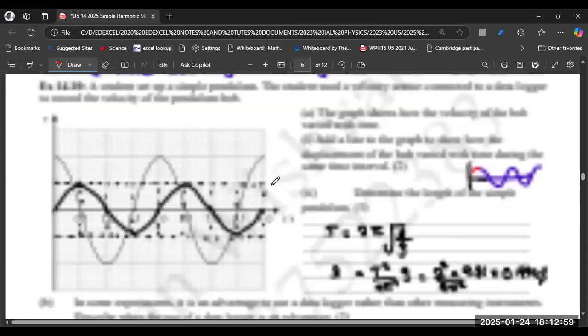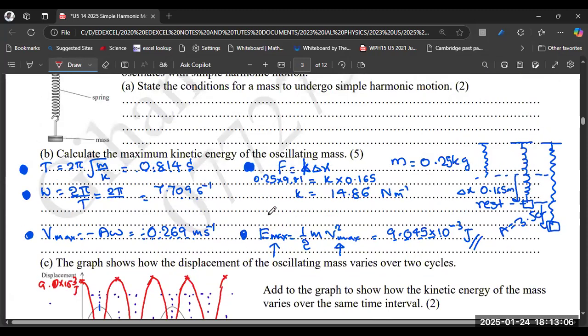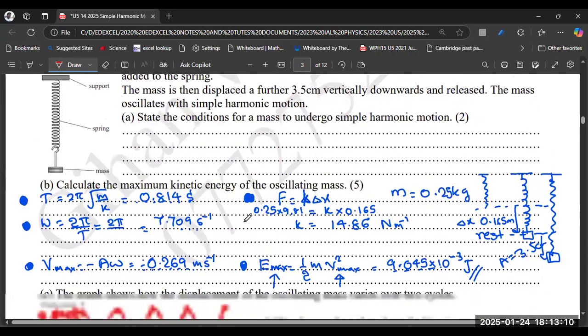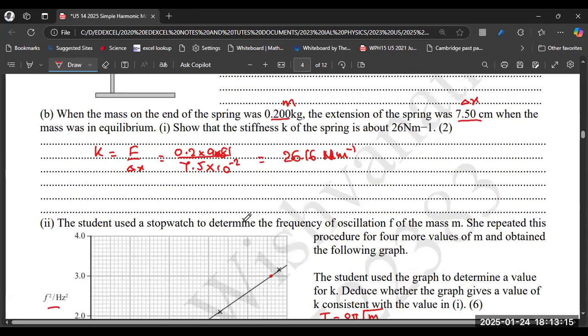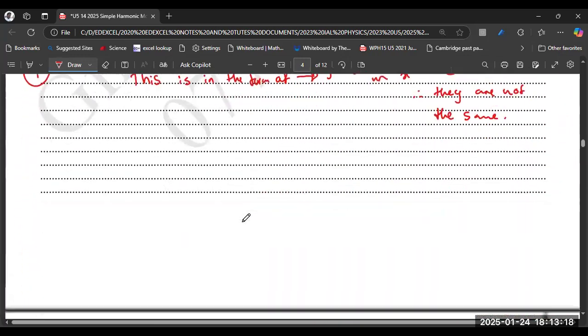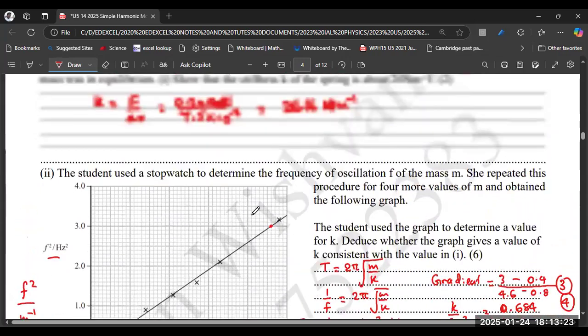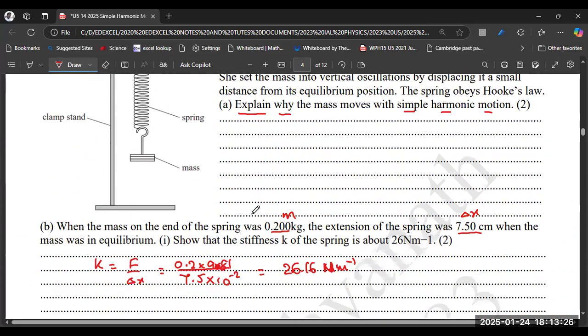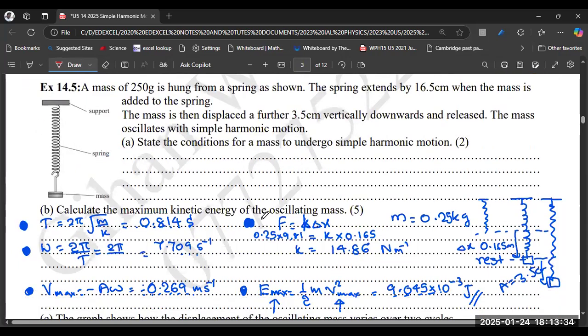Now, I'll go back to the previous example to give you a proper idea. In the spring mass system, we found the vibrating time period to be 0.814.